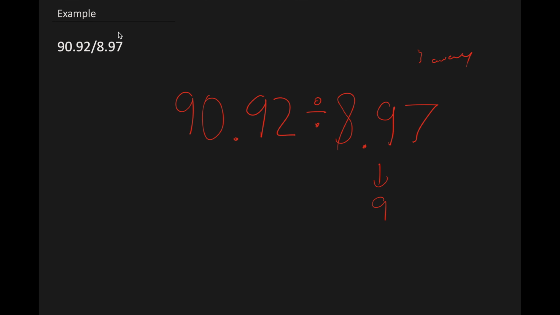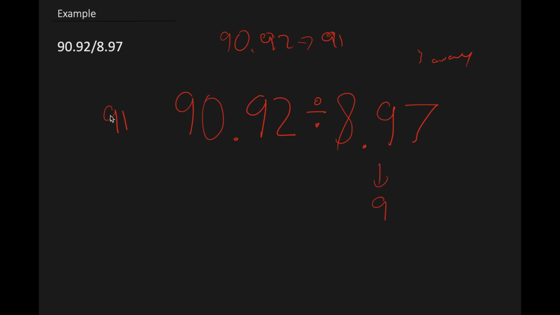Now, here's the thing. When making numbers compatible, you don't want to do it almost exactly. So if you have 90.92, and you round this to the nearest whole number, you would round that to 91. But 9 is not compatible with 91. In fact, I don't think much is compatible with 91.